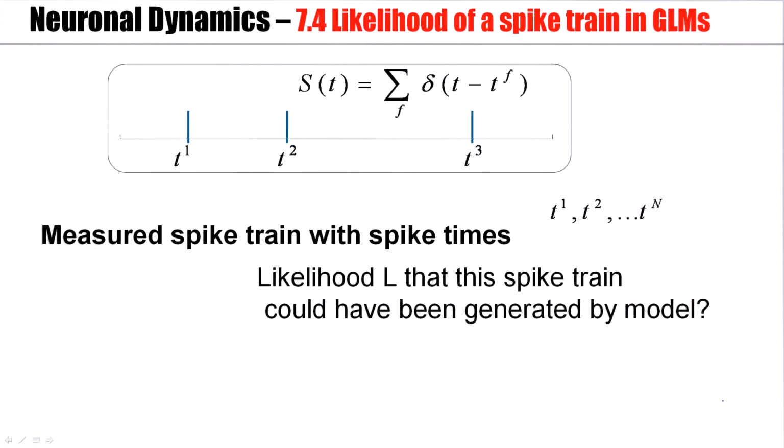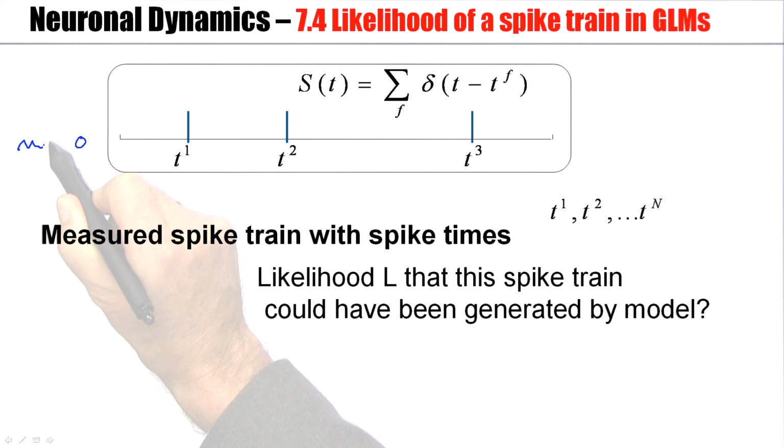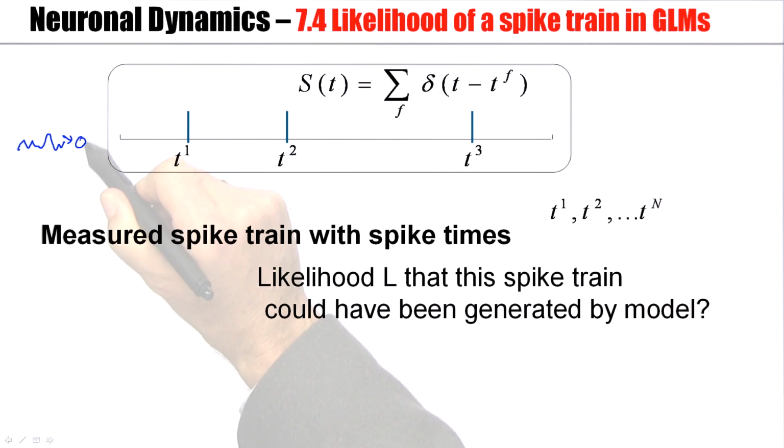Now, after these preparations, we can turn to the likelihood of a spike train in this kind of noisy neuron models that are called generalized linear models. Suppose an experimentalist has injected some time-dependent current, a known current, into a neuron, and he has observed a sequence of spikes.